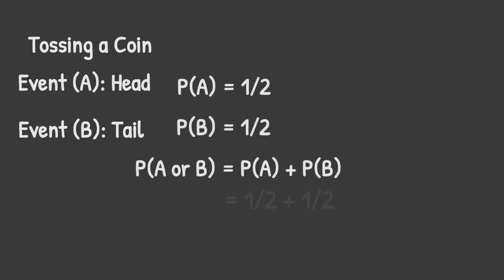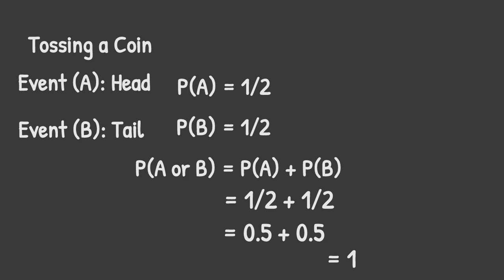The probability of B will also be equal to 1 over 2. Next, you bring in your formula, which is probability of A or B equal to probability of A plus probability of B. We have our probability of A and B to be 1 over 2. 1 divided by 2 is 0.5. The sum of 0.5 and 0.5 is 1. So that's how you solve for mutually exclusive events.